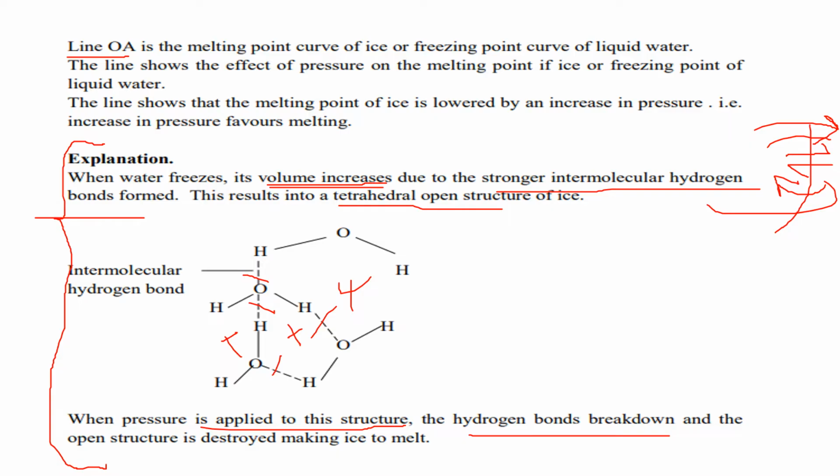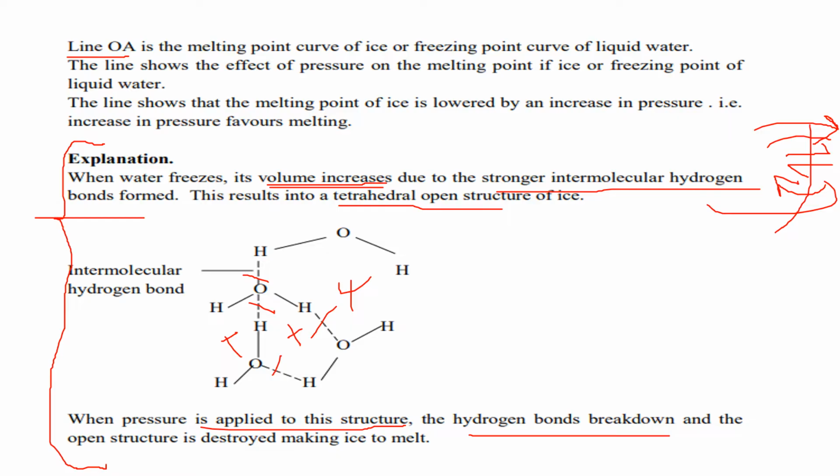The volume decreases. On cooling or freezing, volume is going to increase, but when you apply pressure onto that frozen or solid ice, it's going to melt, because hydrogen bonds holding that structure are being broken down and the air spaces are being collapsed.